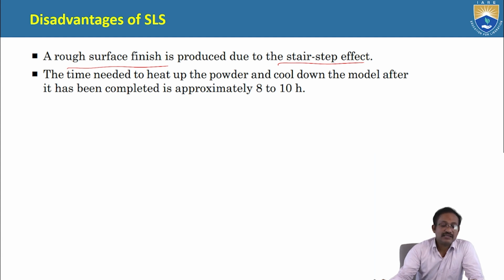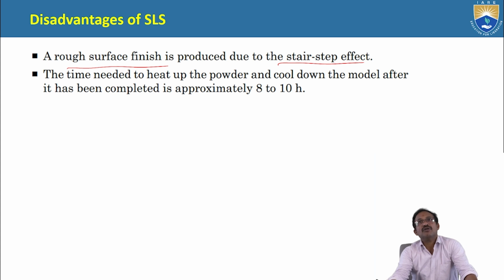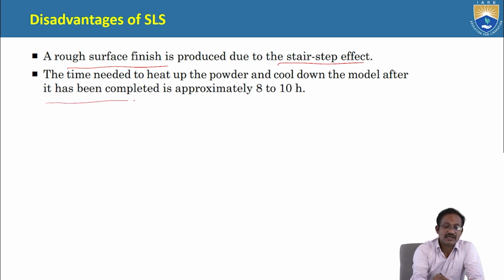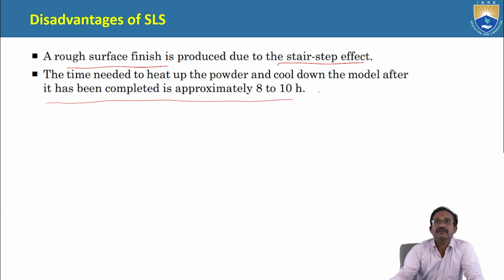The time needed to heat up the powder and cool down the model after it has been completed is approximately 8 to 10 hours. Here the time taken for heating up and cooling down will be much, approximately 8 to 10 hours.